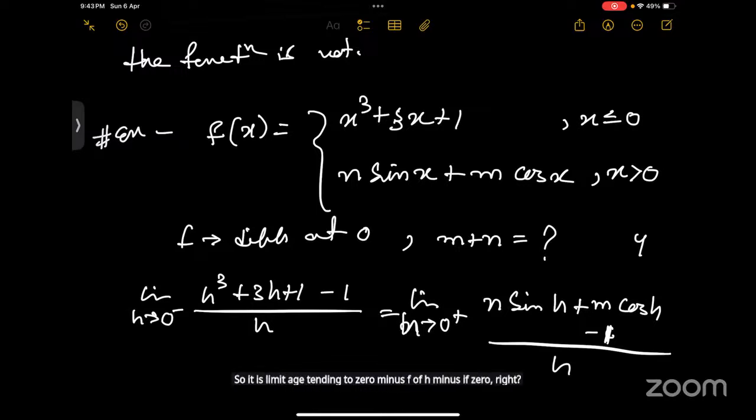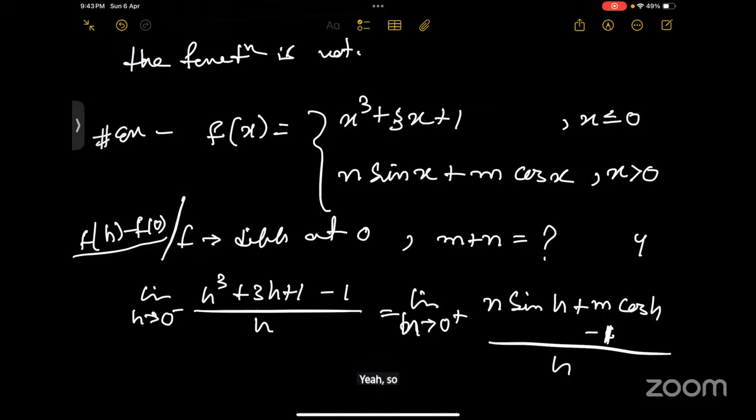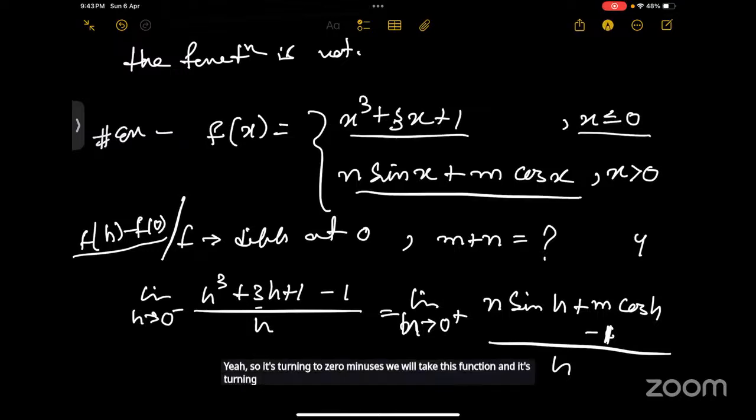So when you're taking h tending to 0, here a plus h, right? What is a? a is 0. So basically we have f of h minus f of 0, right? So h tending to 0 minus means we will take this function, and h tending to 0 plus means we will take this function.